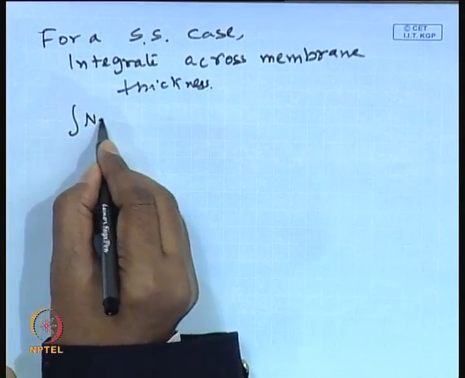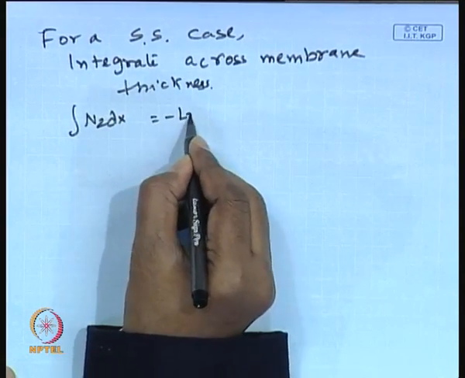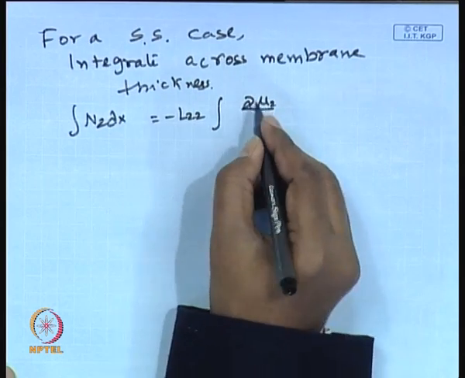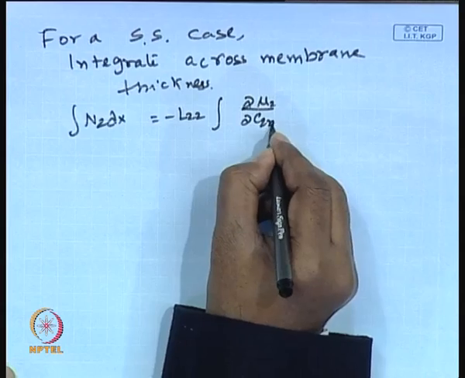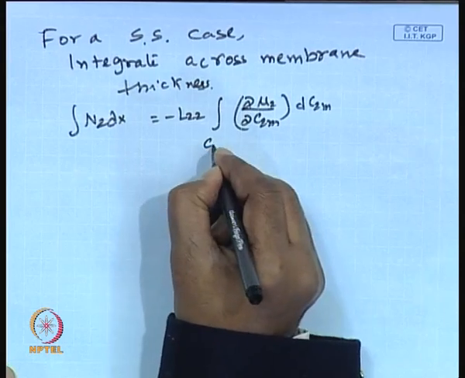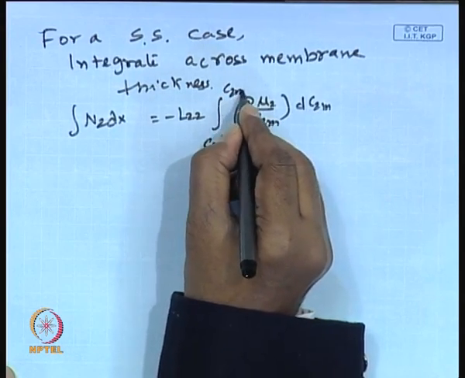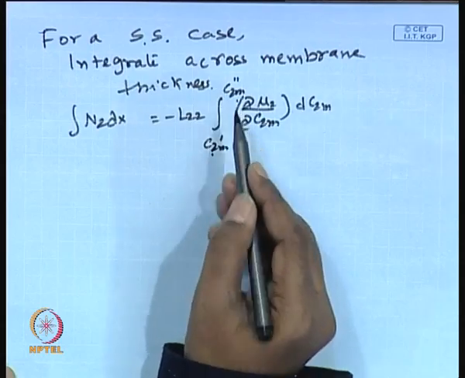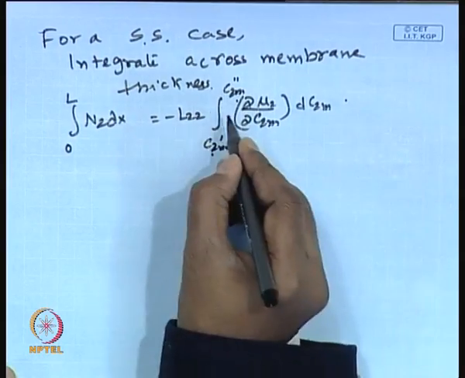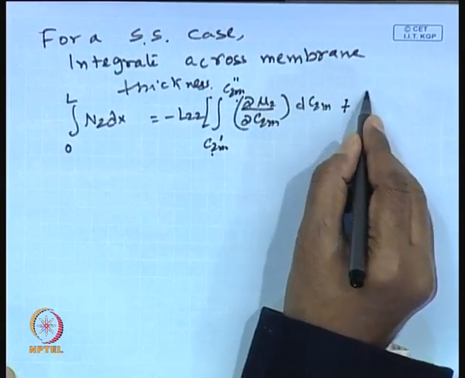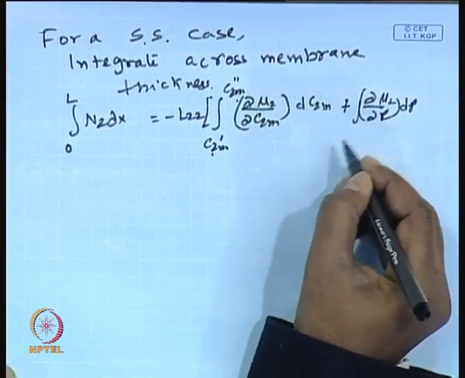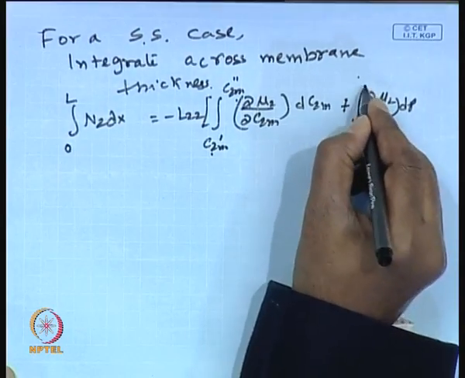What you will get is N2 dx equal to minus L22 times, in brackets, del mu 2 del C2m dC2m from C2m prime to C2m double prime, from the feed to the permeate side, that means from x equal to 0 to x equal to L, plus del mu 2 del p dp from P2 to P1.